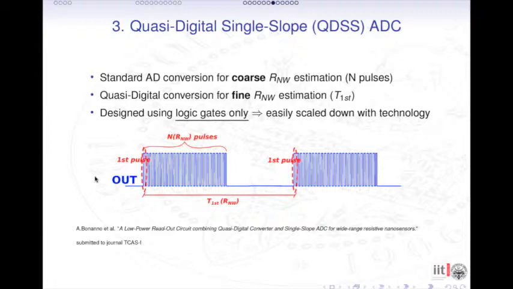So a representation in the time domain, so a quasi-digital signal, and represents a fine estimation of the resistance of the nanomaterial. So since this circuit is designed using logic gates only, it is easily scaled down with technology for modern CMOS technology.